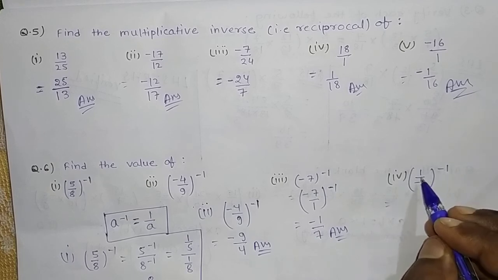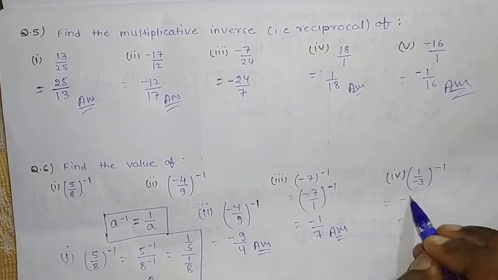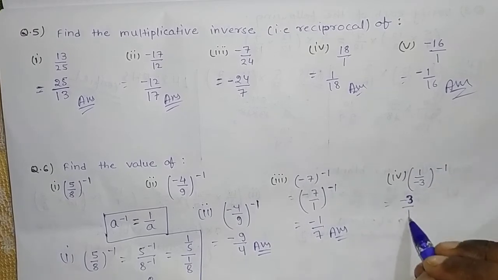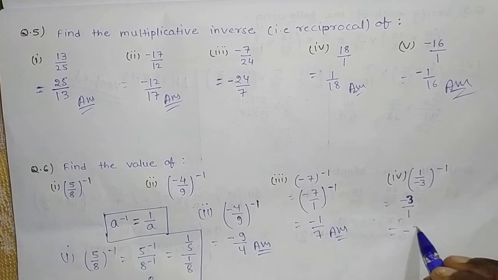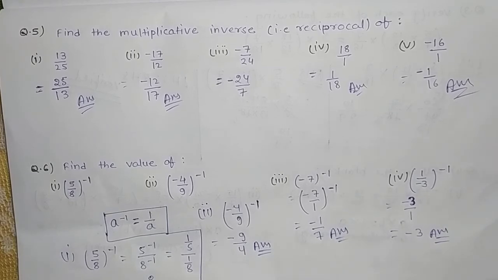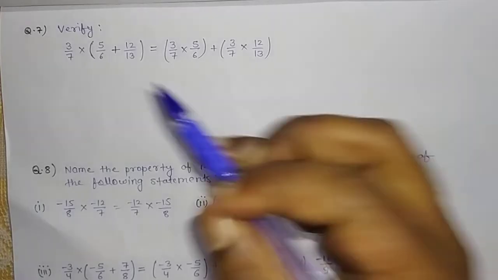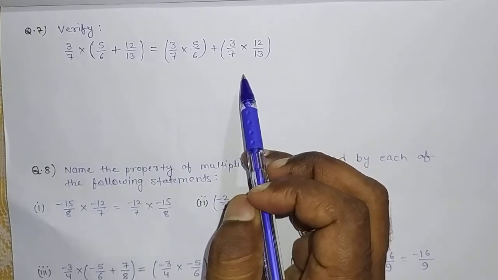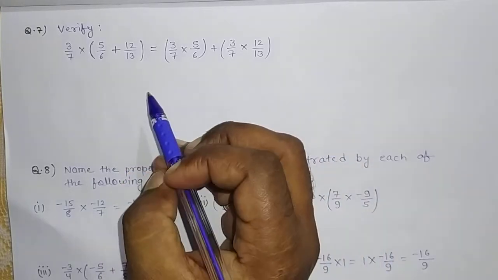So the reciprocal of 1 upon minus 3 is minus 3 upon 1. So here we can write directly minus 3. This is the answer. Now it's very simple. The next question is question number 7. Verify. Question is given here. So again we have to do the same thing.